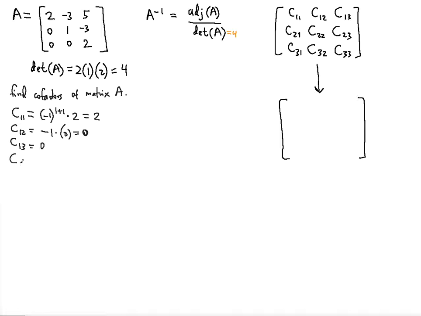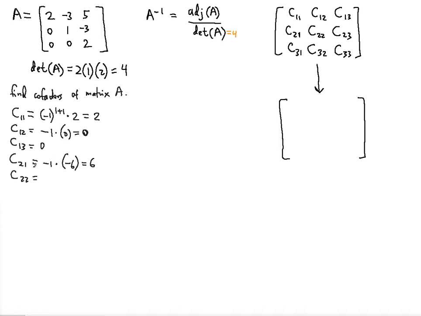C2,1: row 2, column 1. It's the same deal as here, so we're going to have -1 multiplying. Excluding row 2, column 1, so these numbers. Since this is 0, we're just going to have -6, and that gives you +6.